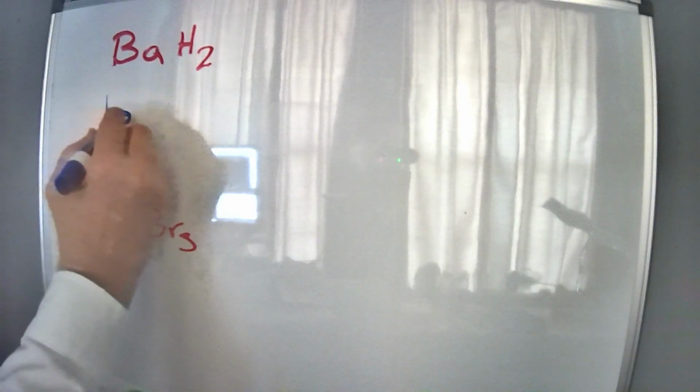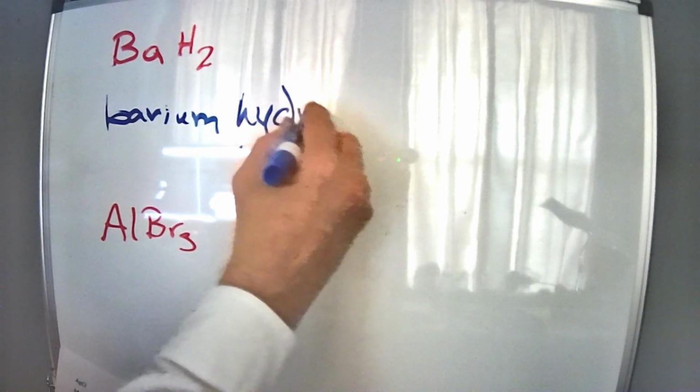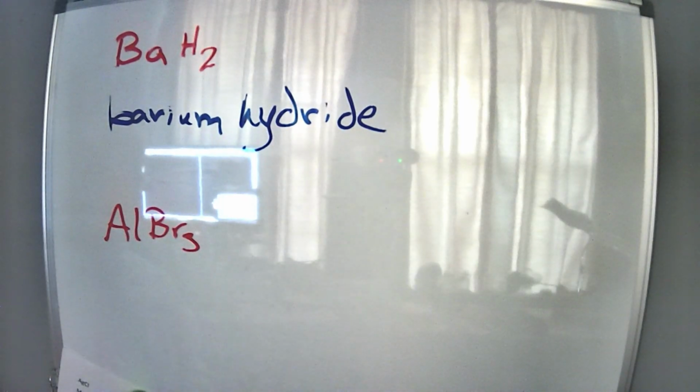Okay, for our next one, Ba is barium. H is hydrogen, so barium hydride. Remember, we're dropping the ending and adding IDE, so instead of hydrogen, it's hydride.